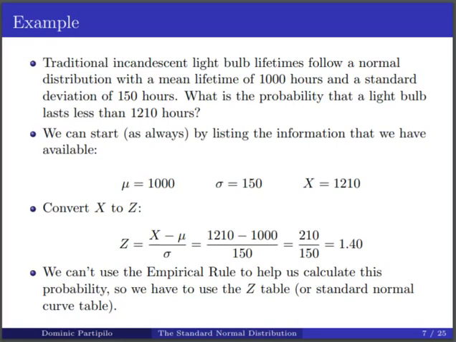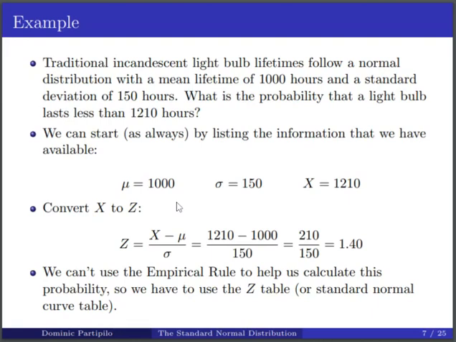We're told that the mean is 1,000 hours, so mu is 1,000. We're also told that the standard deviation is 150 hours. Instead of the variance, the standard deviation is given to us outright, which is really nice. And the value we're interested in is 1,210, so that's x.